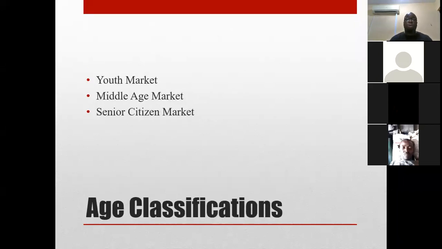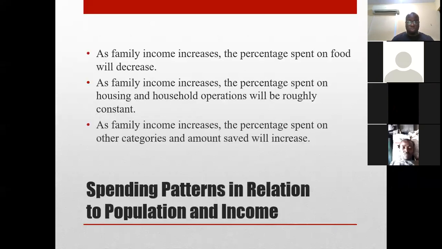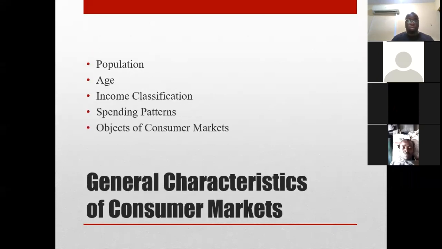So let's see how age can be used. No, I must have missed one. Oh, sorry, one slide is missing, but let's look at how population can be used. Now, how can population be used to differentiate your target market? We all know that some places in Nigeria are very densely populated.